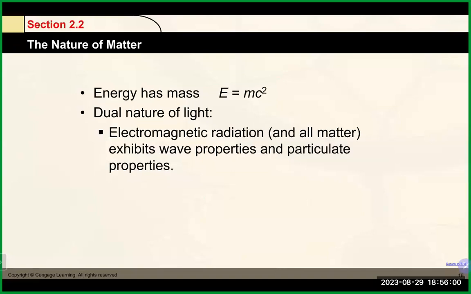So when we talk about light and photons, there were a lot of experiments, especially one also done by Einstein, which is E equals mc squared. That's the Einstein equation: energy, mass, and the speed of light, which is the c there. But there's always this idea of the dual nature of light.